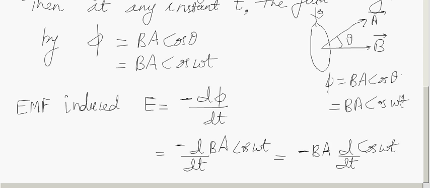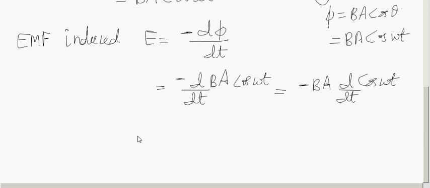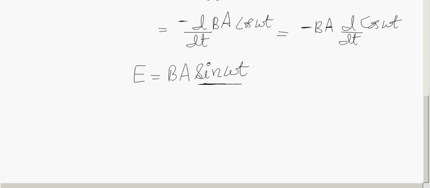Now the differentiation of cos omega t is minus sin omega t into omega, therefore it is BA omega sin omega t. Now the induced EMF is a function of sin omega t. In this case we have taken a coil with one turn.